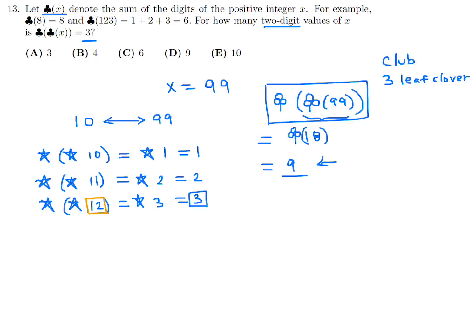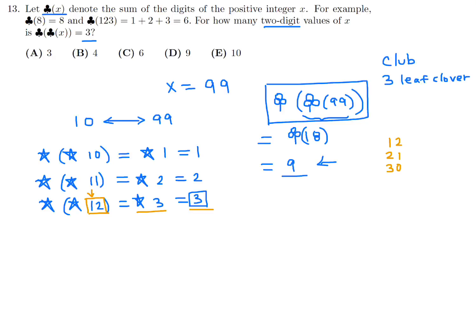Now, obviously, I'm not going to go through every single one from 10 to 99. It'll take forever. But one thing I noticed is that if this is 3, this will be 3. So all I have to do is figure out all the two-digit numbers whose digits add up to 3. I can quickly make a list. 12 is one of them, 21, 30.